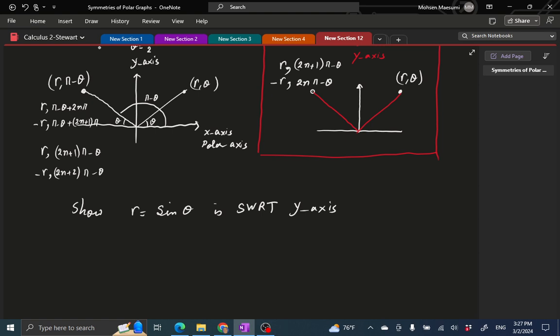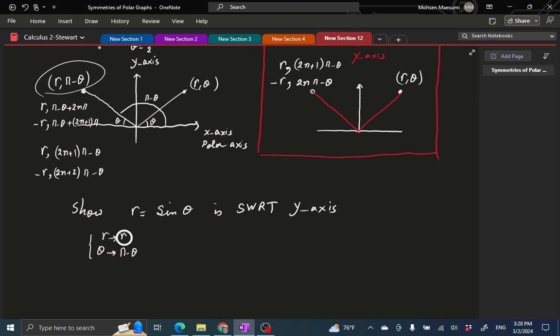Let's start with our easiest line of attack: r replaced by r and theta replaced by pi minus theta. If the new equation is equivalent to the old one, then you have symmetry with respect to the y-axis.